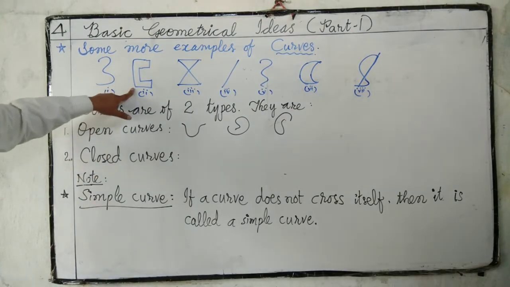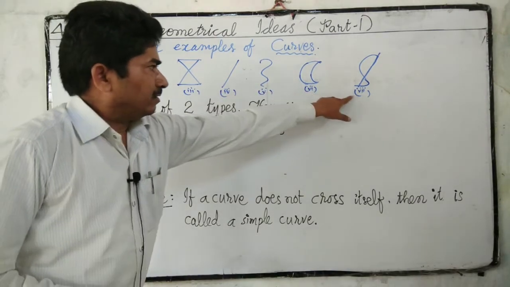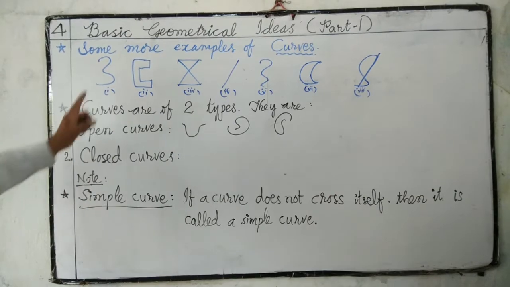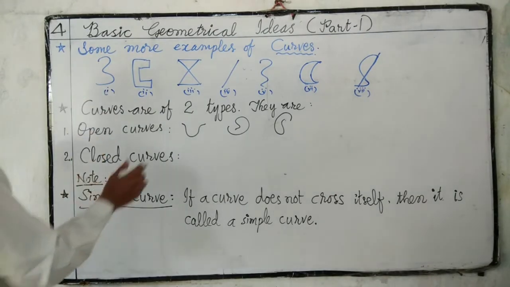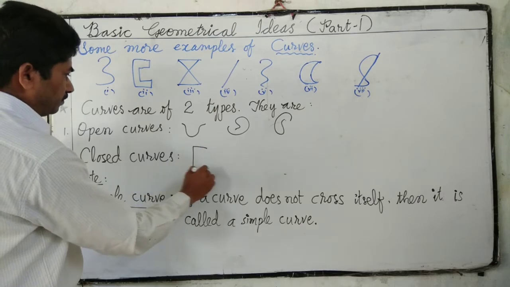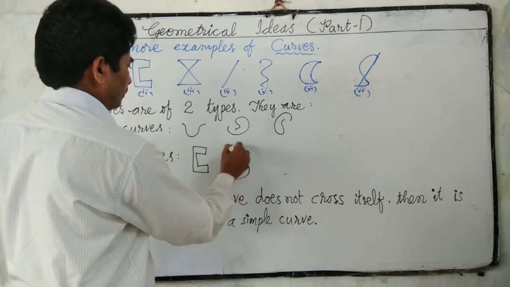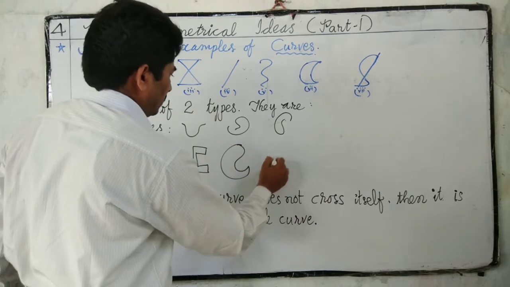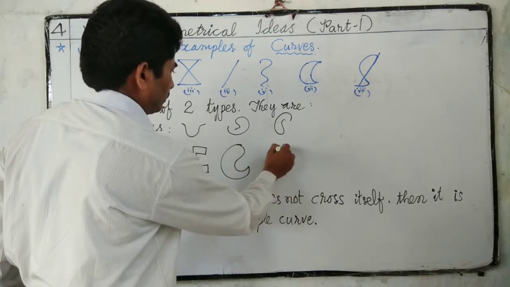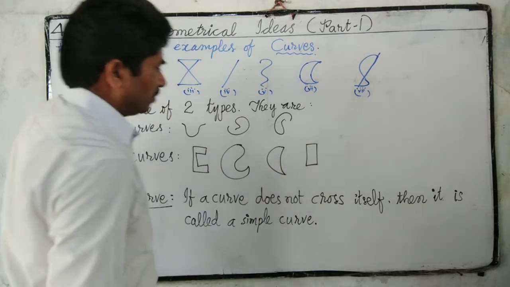Observe the second, third, and fourth, and seventh. They are closed, so these are called closed curves.